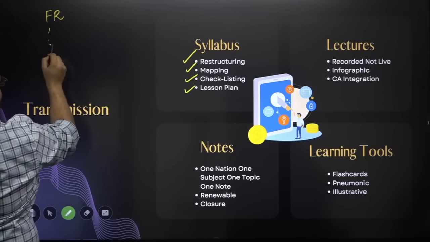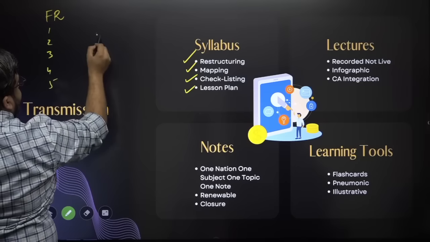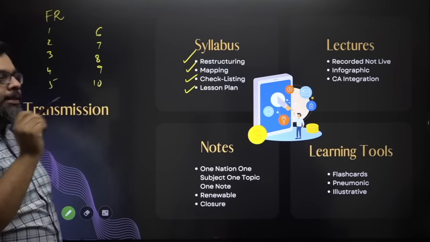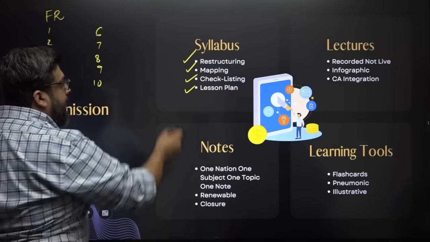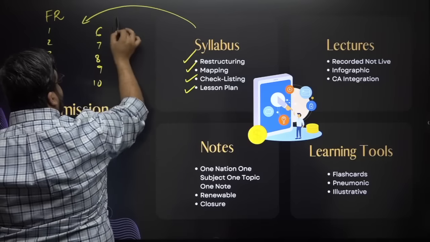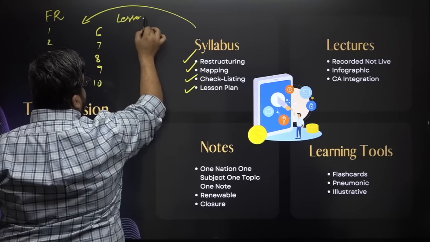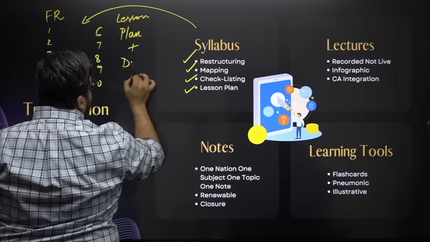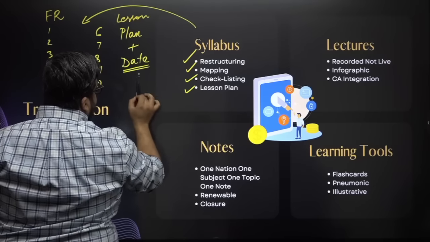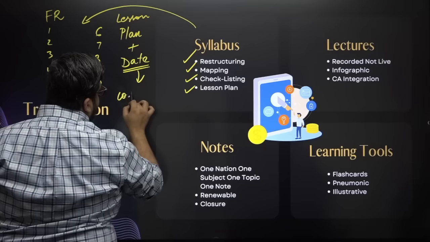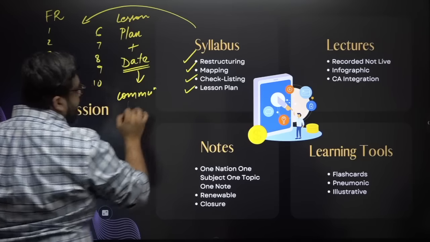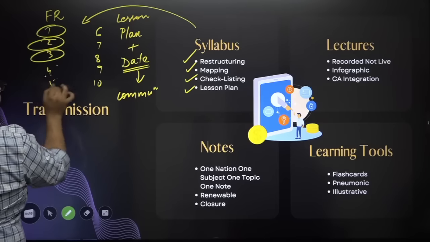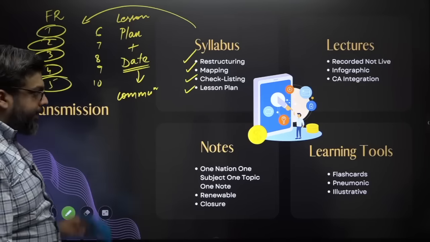Fundamental rights are, let us say, going to have, say, 10 topics. Each of these are going to be in a checklist form. The lectures are going to strictly adhere to this lesson plan. This lesson plan with the date of the lectures that will be uploaded shall be communicated to you well in advance. Each topic will have a dedicated lecture to it. That's the simple plan.